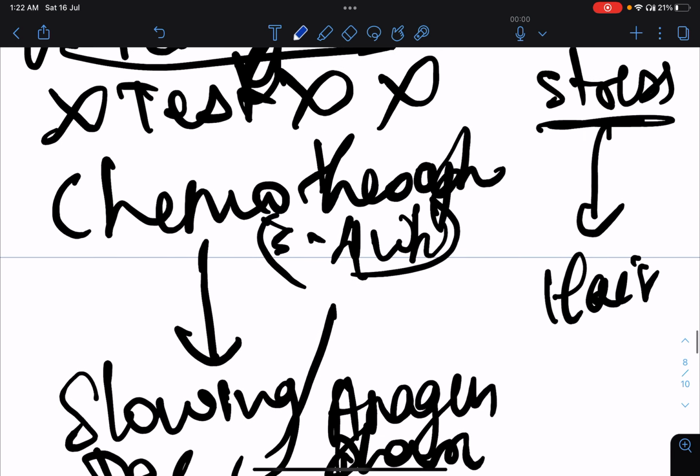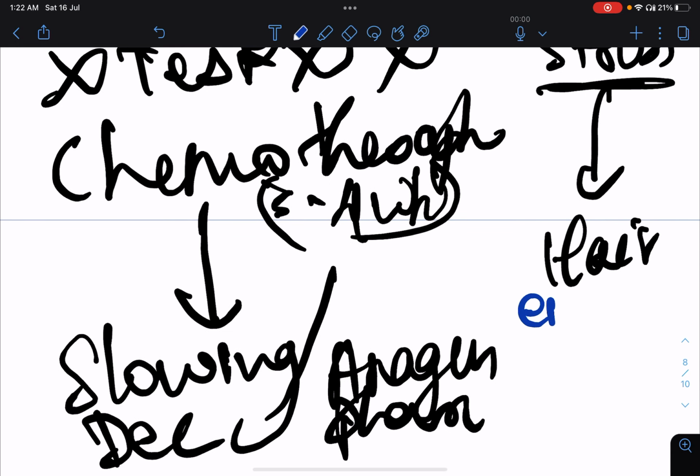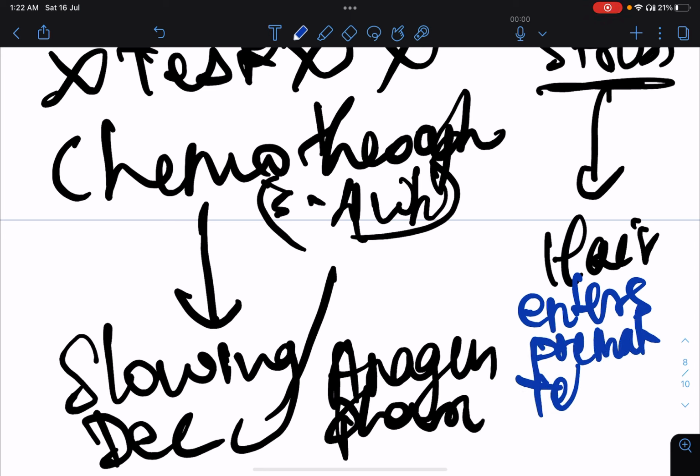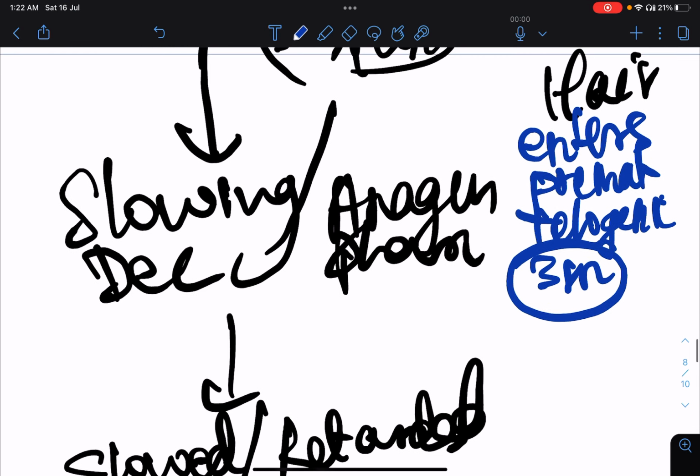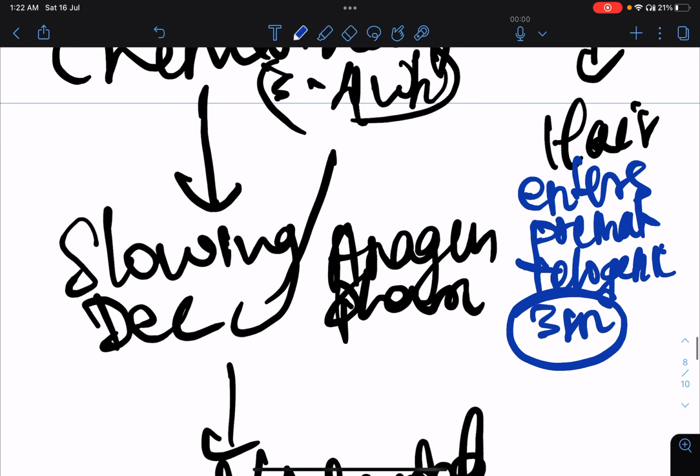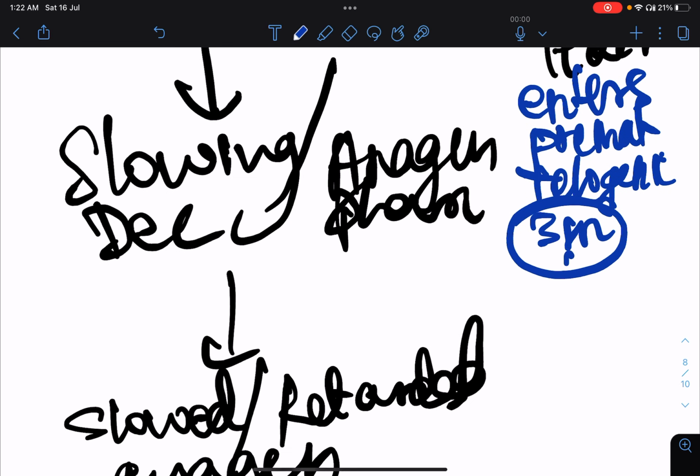Now, what I'm saying is that because of stress, the hair enters prematurely into the telogen phase. Now, because of that, your telogen phase is for 3 months, correct? So more and more anagen hair is going to enter your 3 month phase of telogen, and post that, hair loss is going to occur anyway.